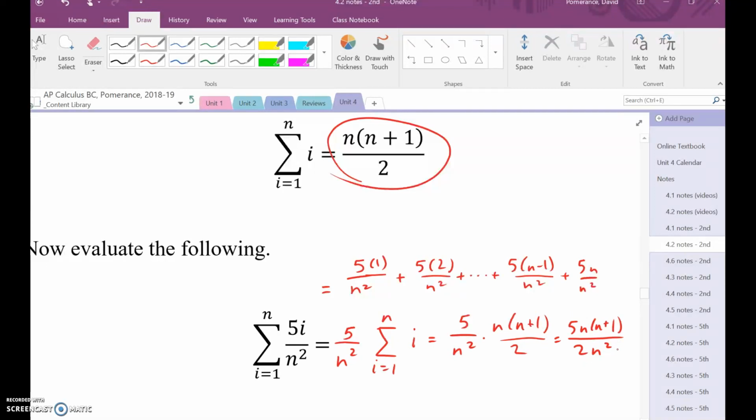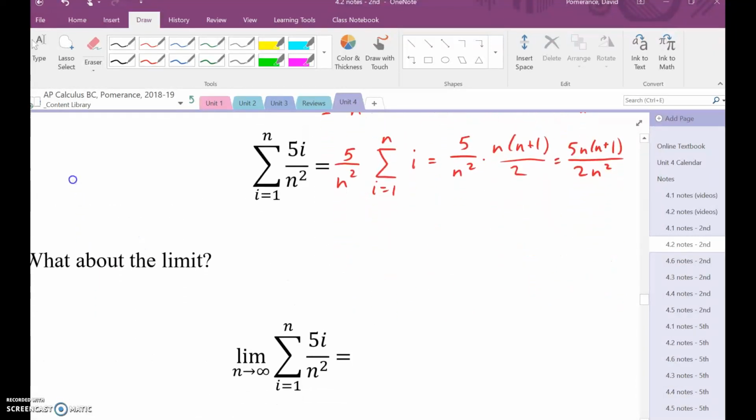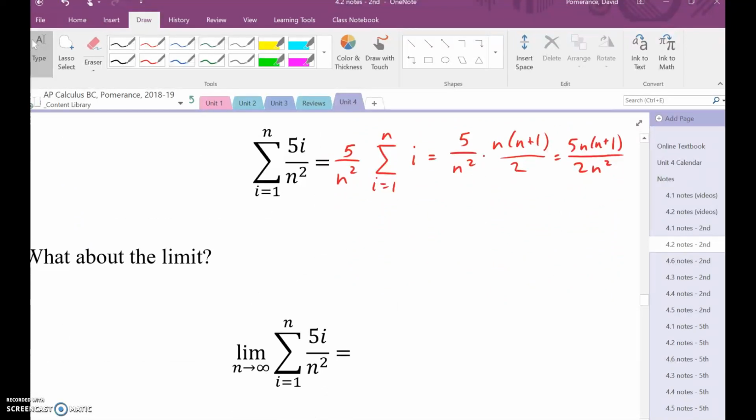So what? Well, now we're going to take that limit. We're going to take the exact same summation, and we're going to take the limit as n goes to infinity. Well, we already evaluated the sum, so we're going to take the limit of the sum, but we just found that that's 5n times n plus 1 over 2n squared.